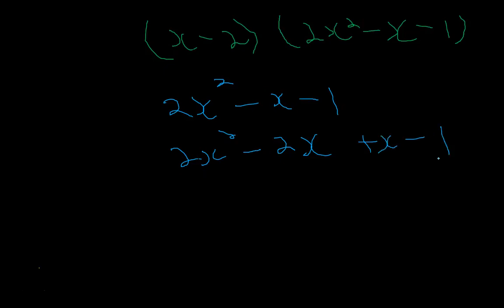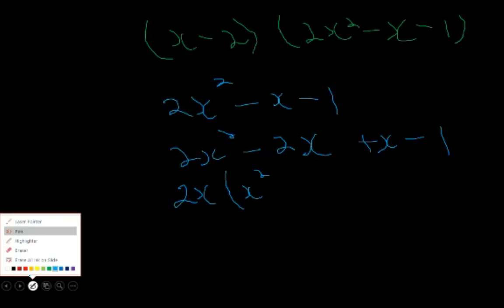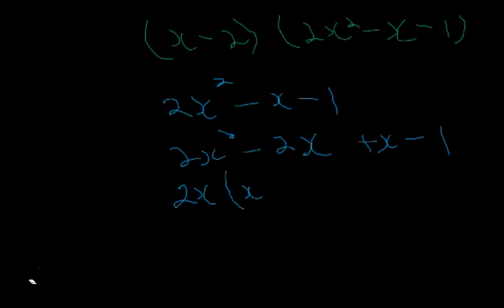And then we leave the -1. If I factorize these by grouping, I see both of them have 2x in common, so it's equal to 2x. What I remain with is x minus 1, my bad. This one, this is x minus 1.